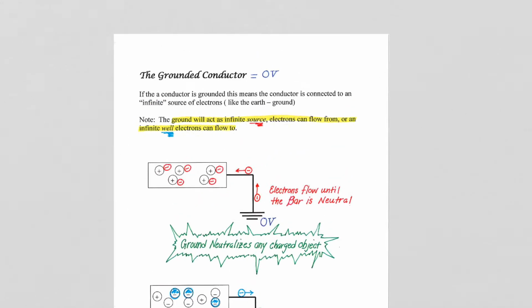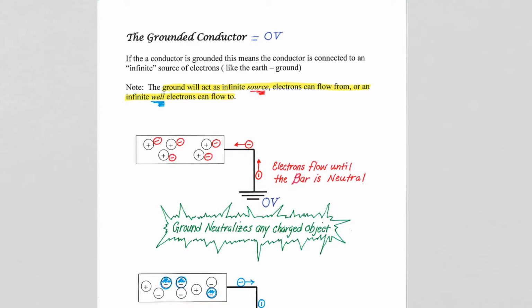So just for completeness, even though we're not going to be using volts or voltage right now, just make a note that ground is always referenced as 0 volts. So just get that in your notes.